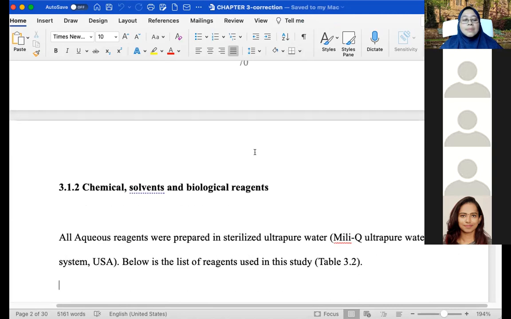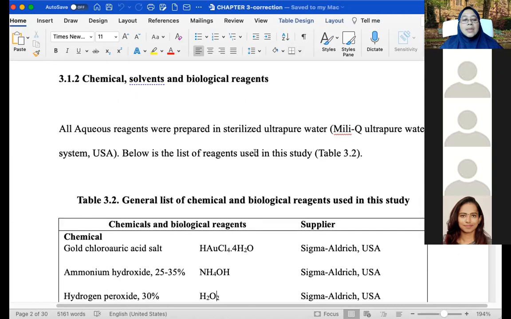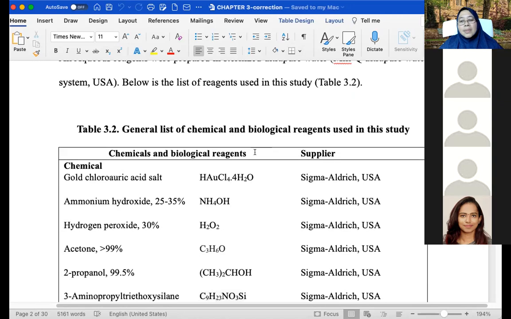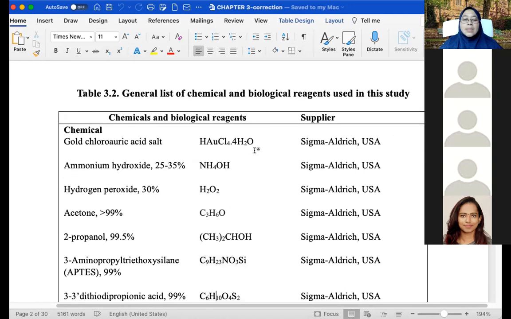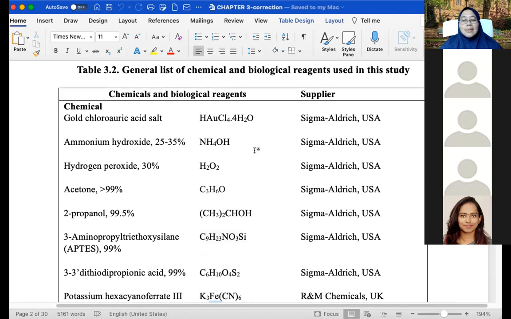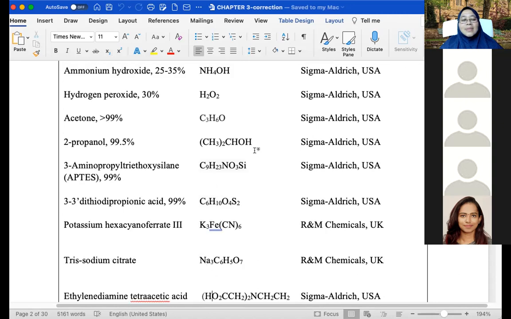You can see the chemicals, the purity, the standard of the chemicals. Of course, if you see Sigma, then you are happy because it's expensive and usually good chemicals.